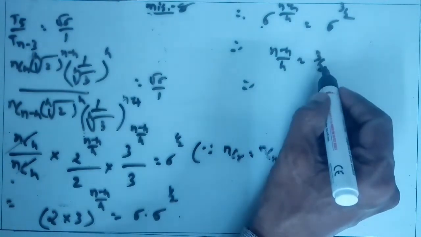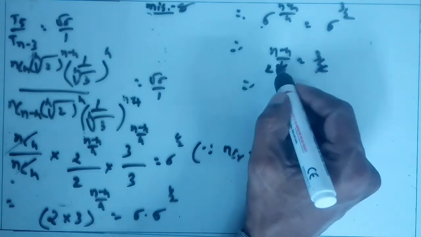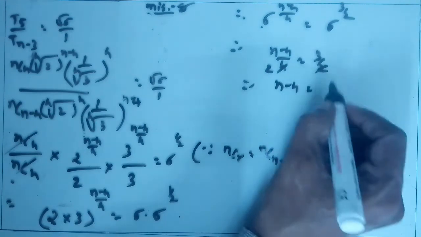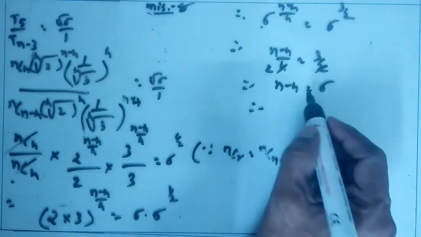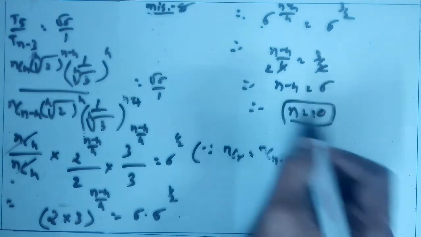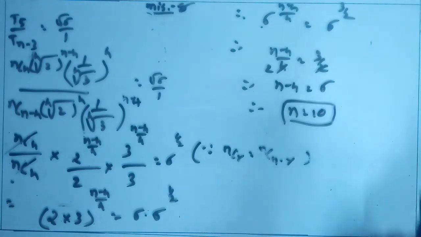Therefore 2 from both cancel, 2 take this side, so n minus 4 is equal to 6. Therefore 4 take this side, so n is equal to 10. So the value of n is equal to 10. Clear?